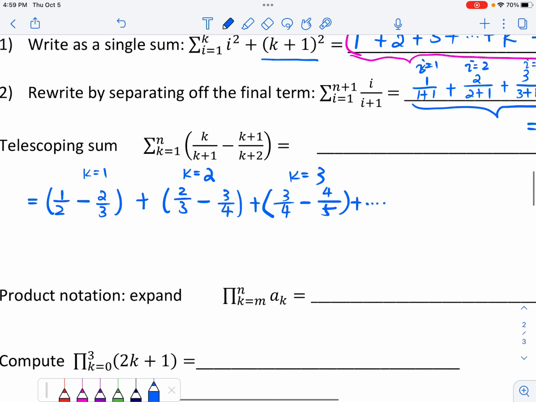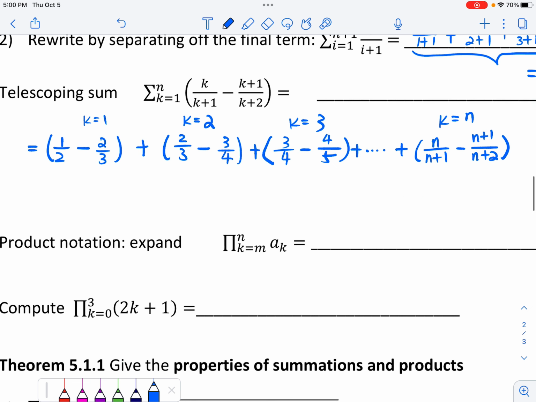Now, when k is n, what will happen? This will be n over n+1 minus (n+1) over (n+2). Of course, in between each group, that's addition, so we can drop the parentheses without any trouble.